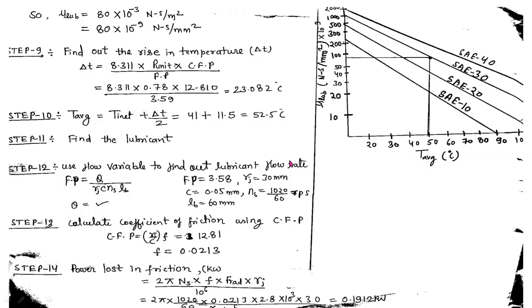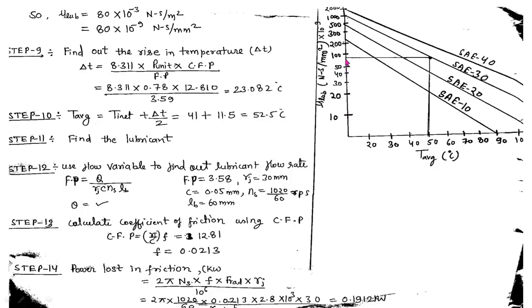The value of T average is coming out to be 52.5 degrees Celsius, so it will lie somewhere here. And the viscosity of the lubricant is coming out to be 80 into 10 raised to power minus 9. So it will lie somewhere here.